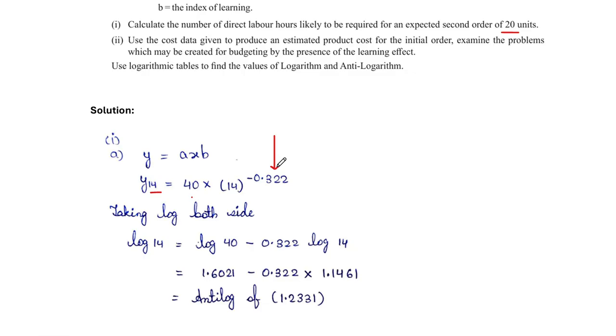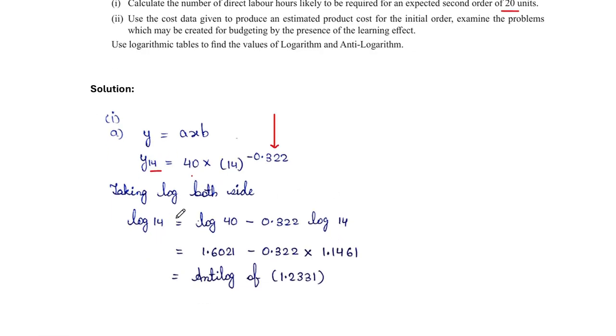Log 80. Don't worry students, log or anti-log details are already given in the question. It will be given in the question, so don't worry, don't mug up. Now taking log on both sides. Log 14 is equal to log 40 minus 0.322 log 14.